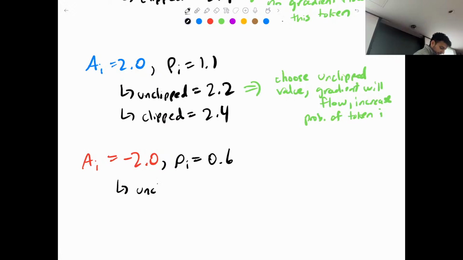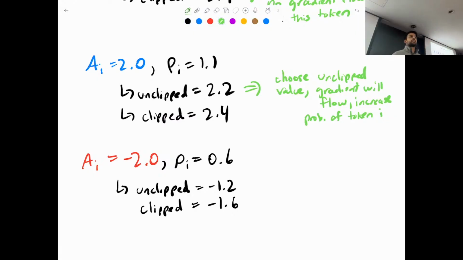So here we have an unclipped value of minus 0.2 and a clipped value of minus 0.6. Now we already know that this thing is outside of our threshold, and we're choosing the minimum here, so no gradient flows because we've chosen the clipped value. This means that this token's likelihood has already gone down enough. We don't need to further update it.